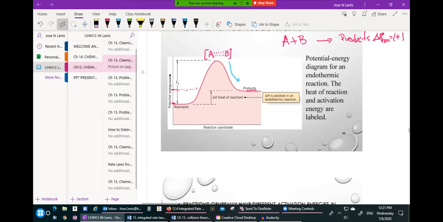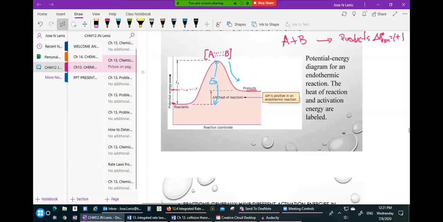And that activation energy is the energy difference from the hill, the transition state, and the energy of reactants. That difference of energy is what we call activation energy.